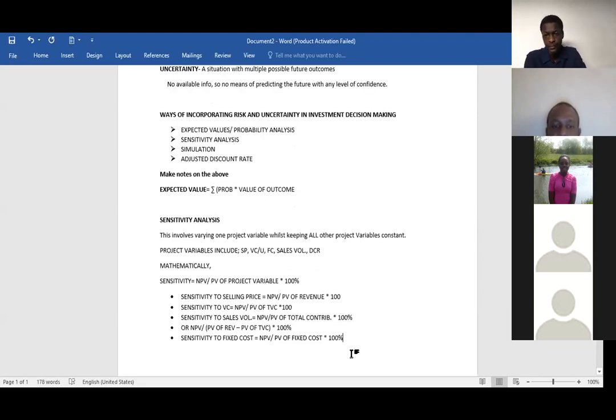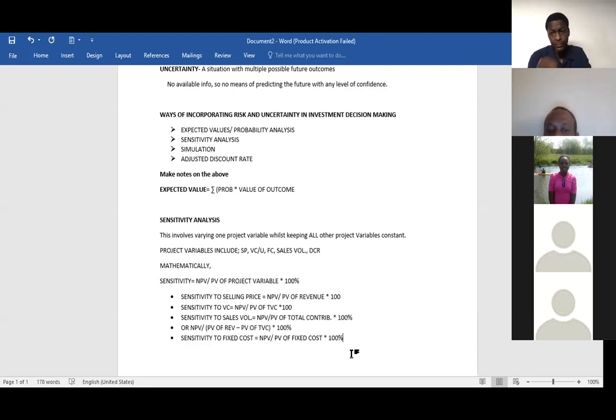Yeah. And the reason really is because if we remember how we do our computation, we'll do selling price minus variable cost multiplied by sales volume to get our contribution. So sales volume is what relates selling price to variable cost, as in total revenue to contribution.